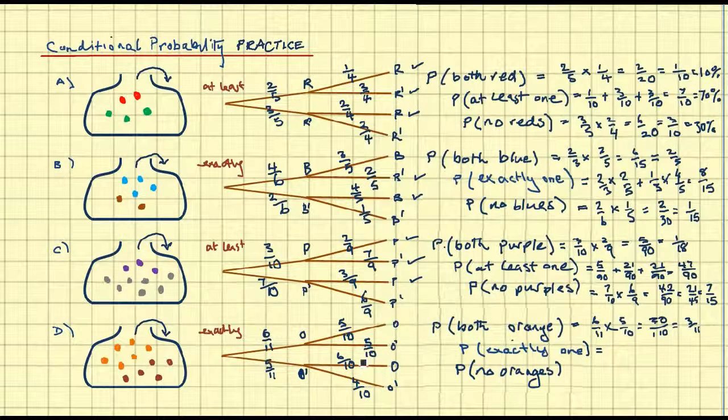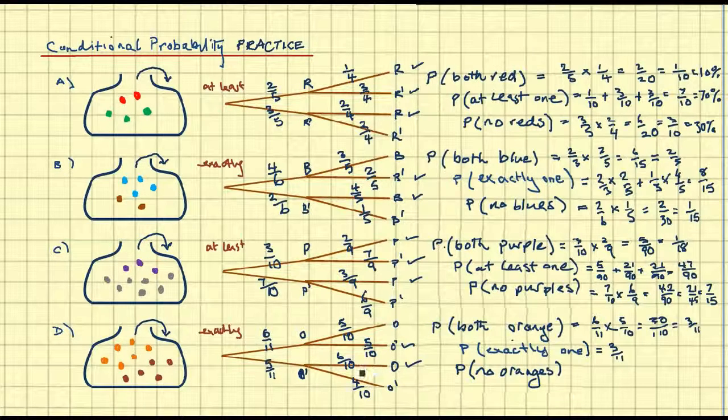So exactly 1. So exactly 1 is along that branch there, or along that branch there. So we've got 6/11 times 5/10, 6 times 5 is 30, so exactly the same as we had here in fact, so we could immediately write down 3/11.